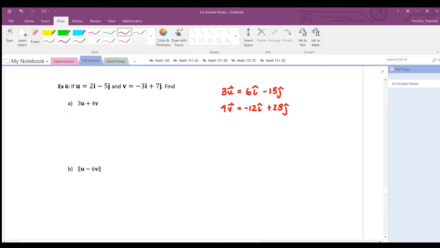If we add 3u and 4v together, that should be 6 minus 12, so it's minus 6i. And then minus 15 plus 28 is 13, so it's 13j.